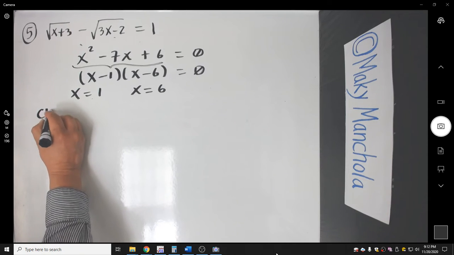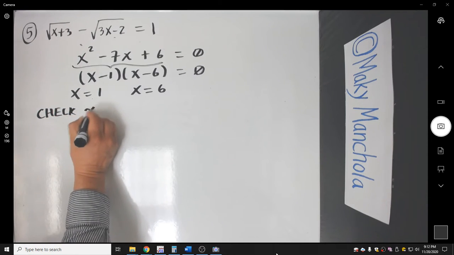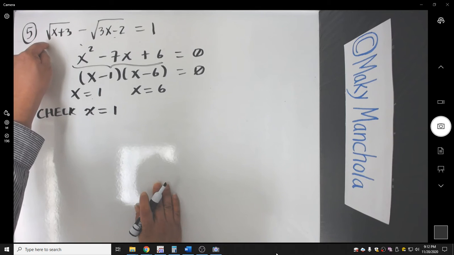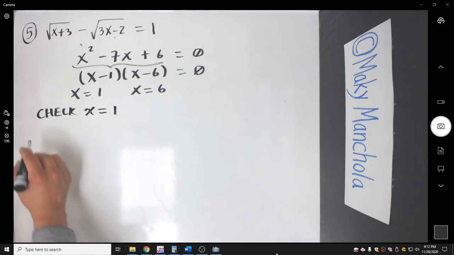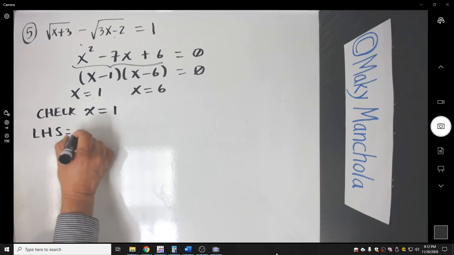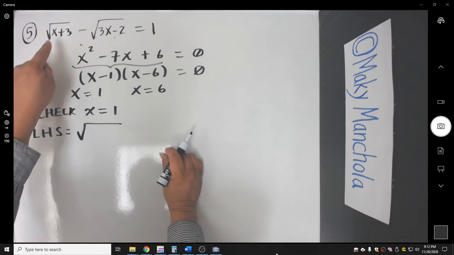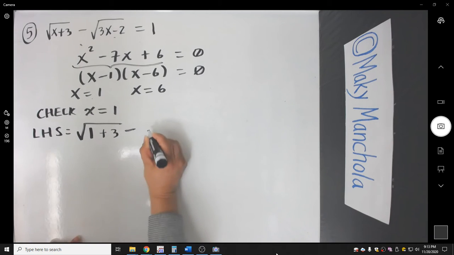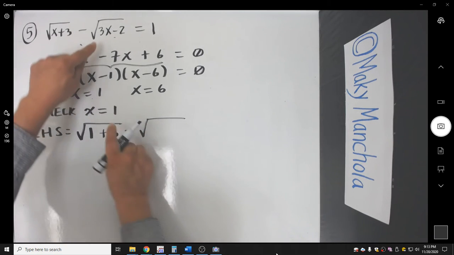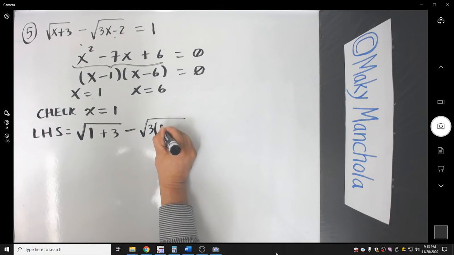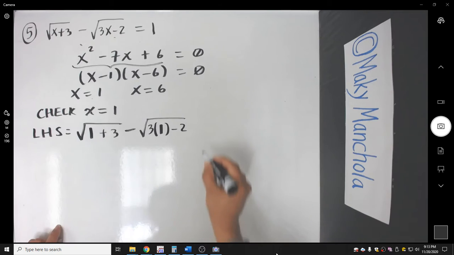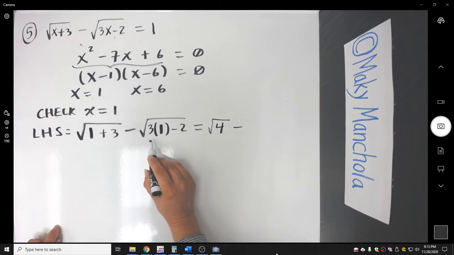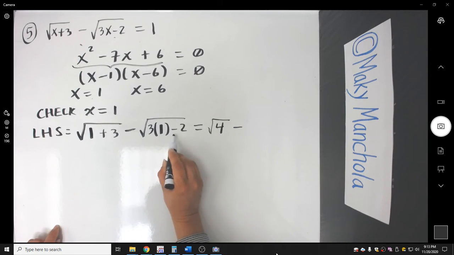So check x equals 1. Now, when I plug in x equals 1 in my left hand side, I obtain the square root of 1 plus 3 minus the square root of 3 times 1 minus 2, which happens to be equal to the square root of 4 minus the square root of 1. 3 times 1 is 3, minus 2 is 1.